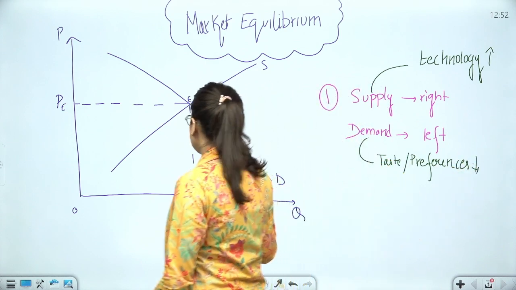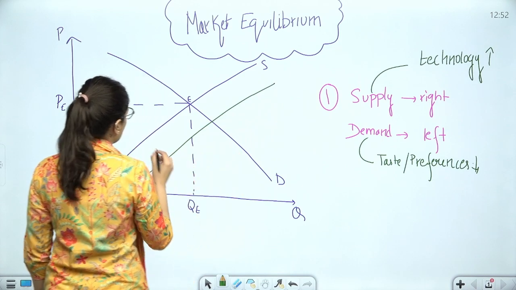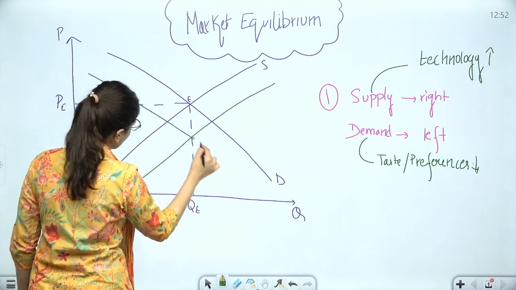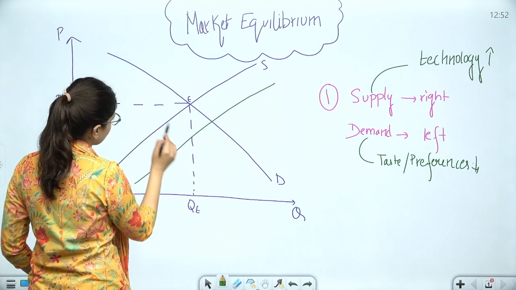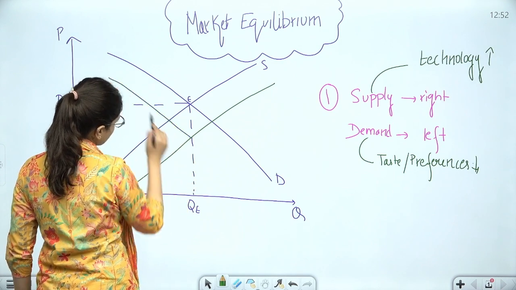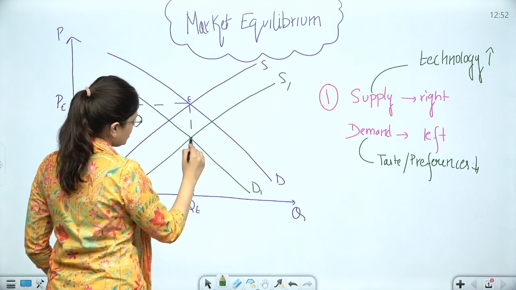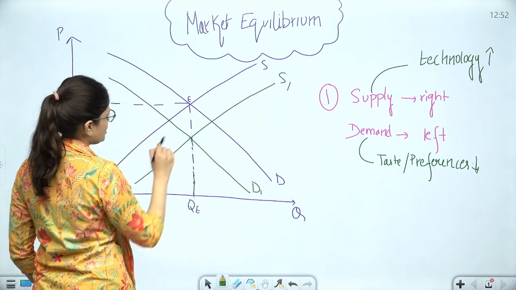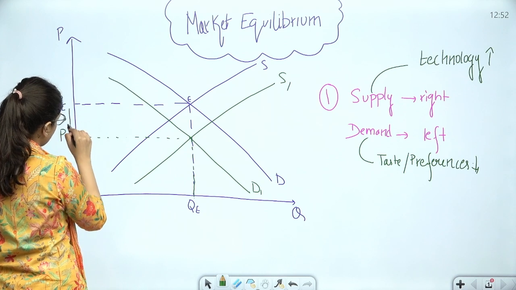So what will happen is supply is shifting towards right, supply has increased, demand has decreased. Here, D1, S1. So in this case, what is happening? The quantity is staying the same and the price has decreased.